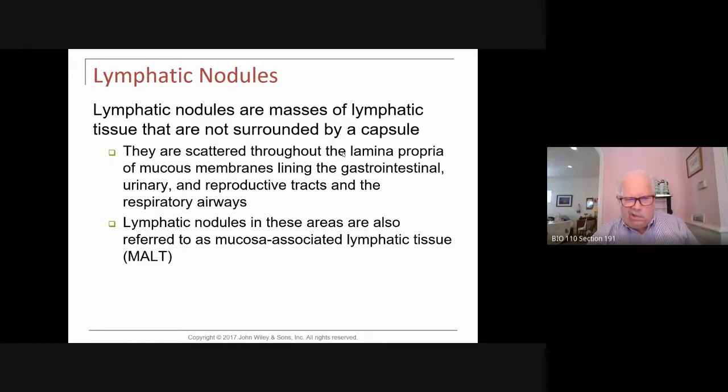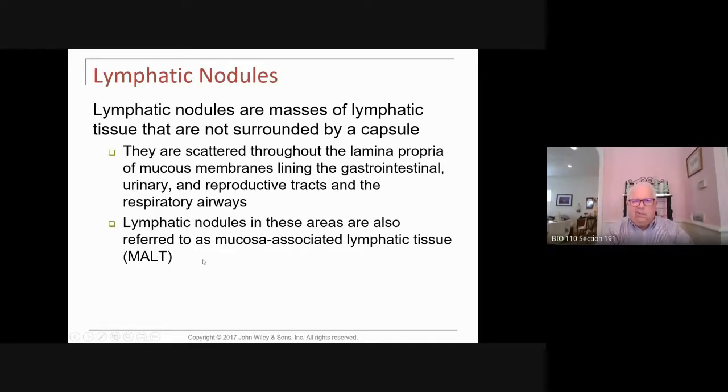mucosa-associated lymphatic tissue. It needs to be in your gastrointestinal tract because when you eat something that's not cooked, it could contain bacteria. So when you go to the store and you buy broccoli and you bring it home and you don't wash it and you eat it, it could have bacteria on it. So you get it into your GI tract, and MALT, mucosa-associated lymphatic tissue, will send out lymphocytes to see if there are any bacteria on that broccoli, and it'll kill it.